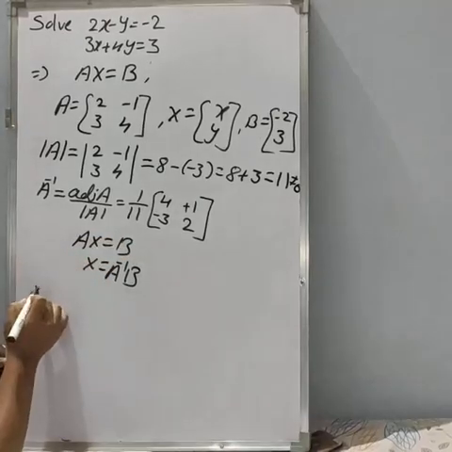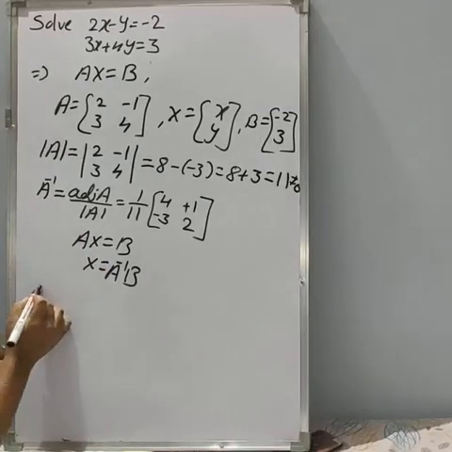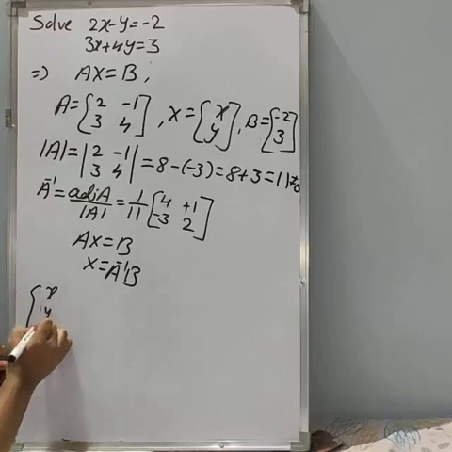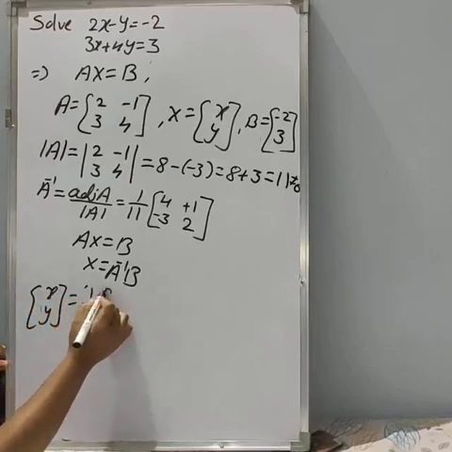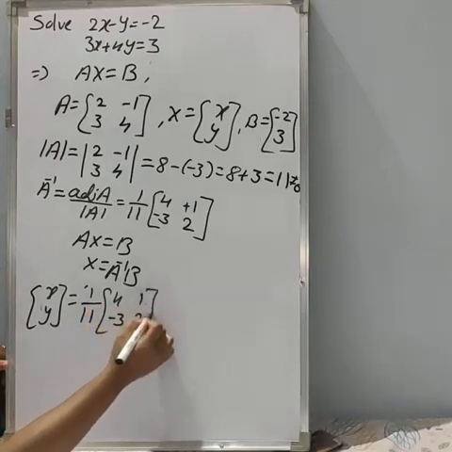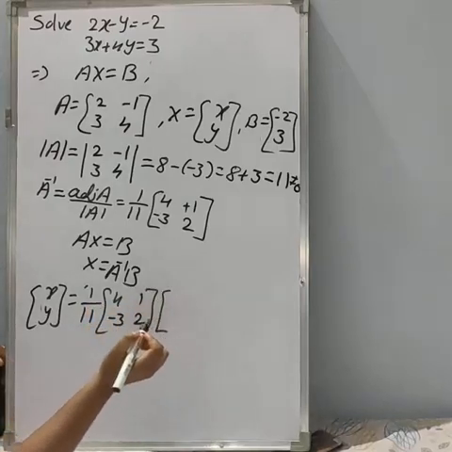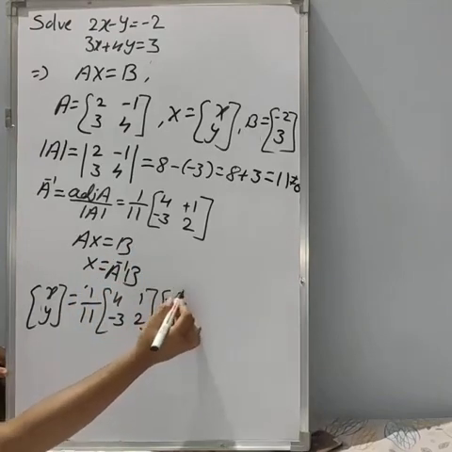Write down that. Here we have X, but we know X means the matrix x and y. This is equal to A inverse. A inverse is 1 upon 11, 4, 1, minus 3, 2, into matrix B. What is the matrix B we have? Minus 2, 3. Okay.